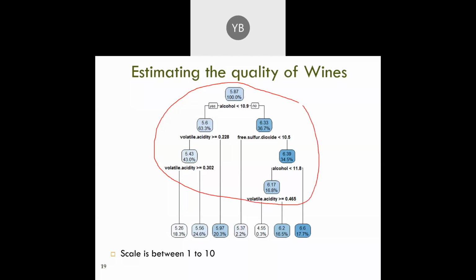So they want to study this one. So that means your dependent variable will be a scale from 1 to 10. And then this is predicted by using all the independent variables, which are numerical.